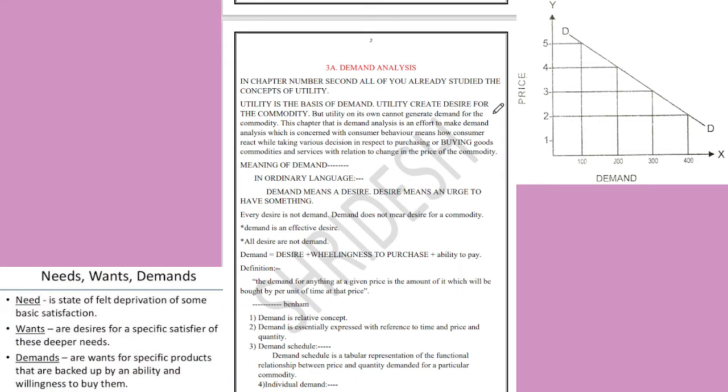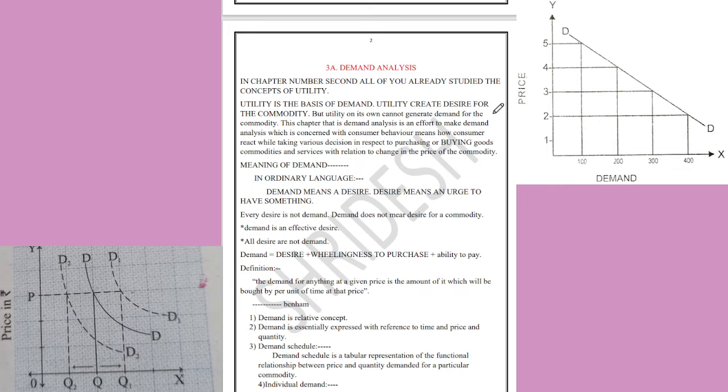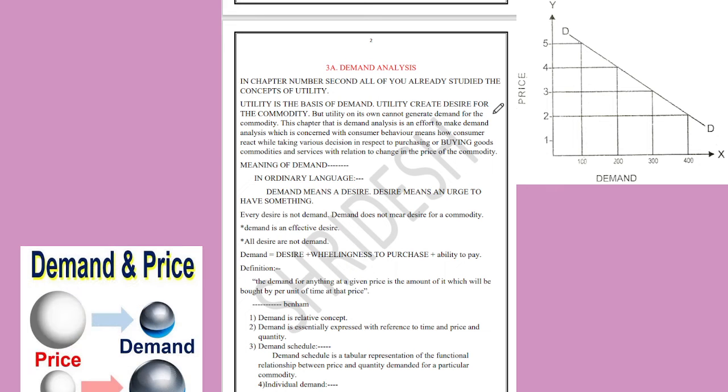But the concept of utility on its own cannot generate demand for the commodity. Utility is the base of demand, but utility cannot on its own create demand, because the concepts of utility and demand are different, but the base of demand is utility.